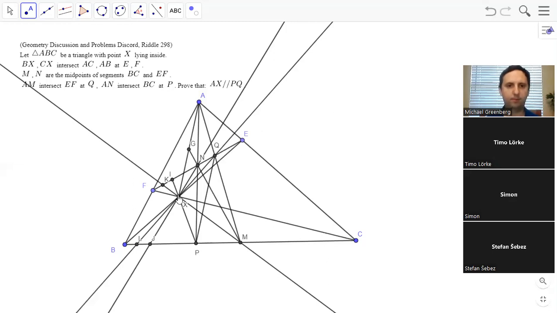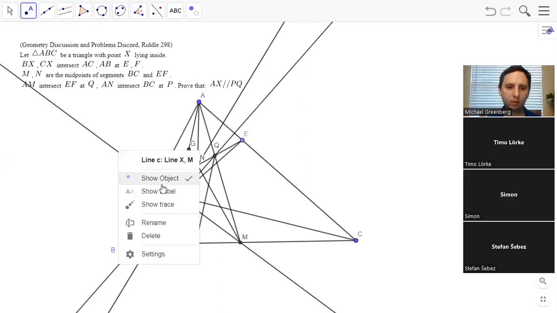Yeah. Because BP over PC is EQ over QF. Okay. Or basically because EFQN is CBMP. Those two cross ratios are equal. Okay. And you project another time.